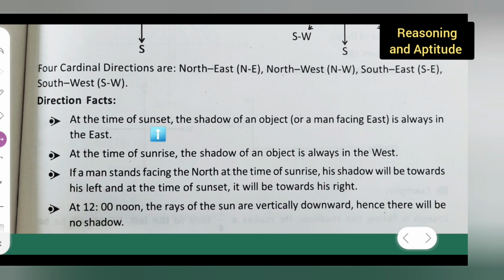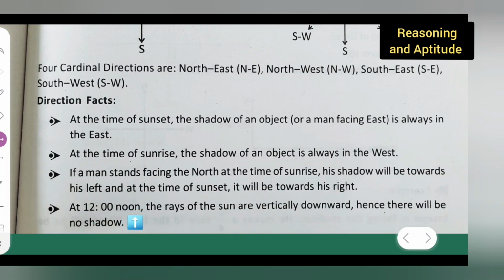At the time of sunset, the shadow of an object or a man facing east is always in the east. At the time of sunrise, the shadow of an object is always in the west. If a man stands facing the north at the time of sunrise, the shadow will be towards his left, and at the time of sunset, it will be towards his right.